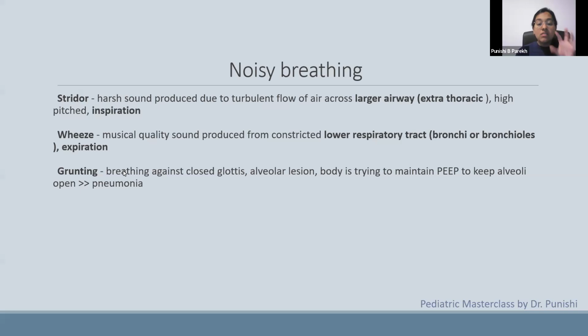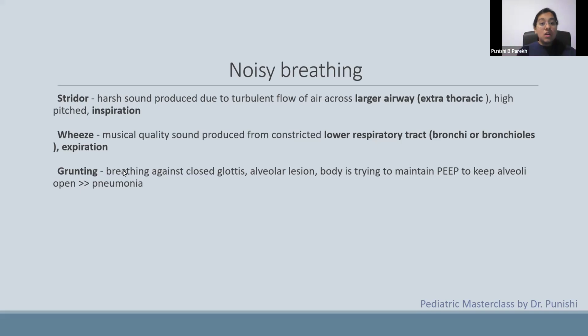So stridor predominantly is an inspiratory sound that arises from the larger airways, basically involving the extrathoracic or upper airways. On the other hand, wheeze is more of a musical noise that's produced predominantly from the lower airways and is heard mainly in expiration. So that's predominantly the difference between stridor and wheezing.